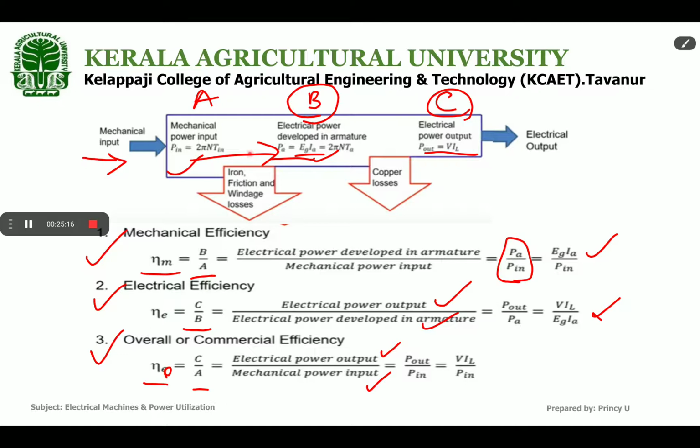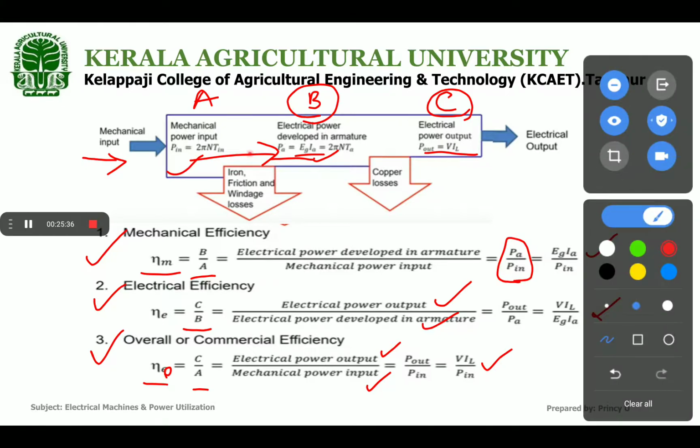In the question, if it is specified to find the mechanical efficiency, then only you have to find it by this equation, electrical power developed by mechanical power input. So overall efficiency is V IL by power input. These are the different efficiencies in DC machines.